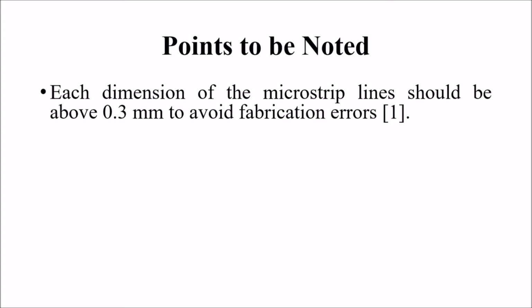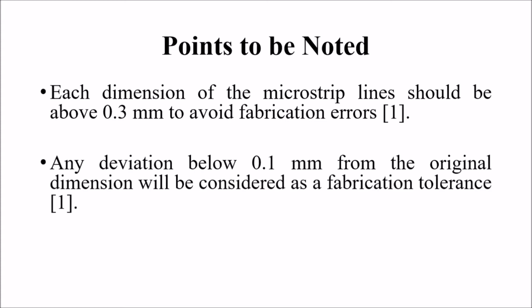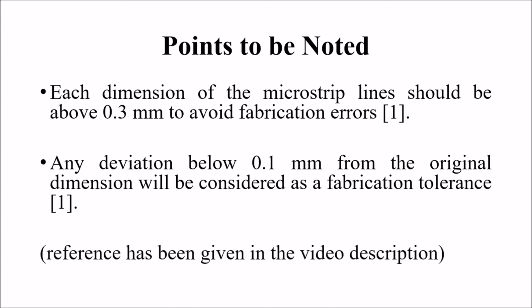So it is recommended to keep all your dimensions above 0.3 mm. Any deviation below 0.1 mm from the original dimension will be considered a fabrication tolerance. Reference has been given in the video description.